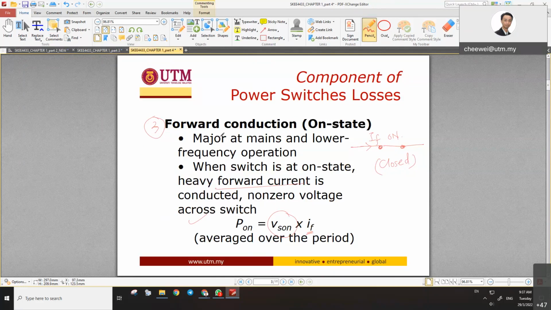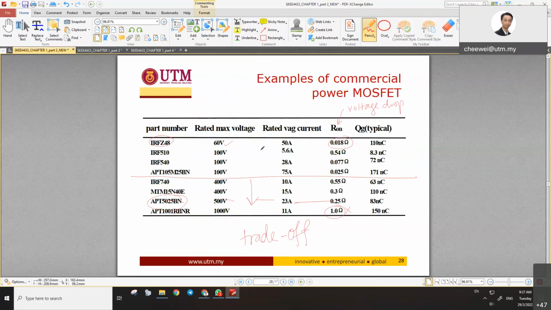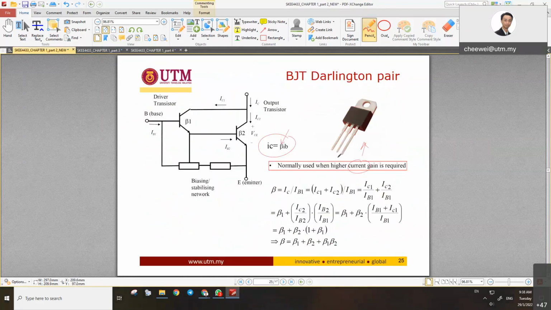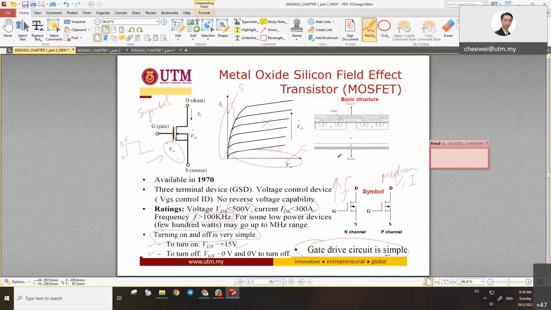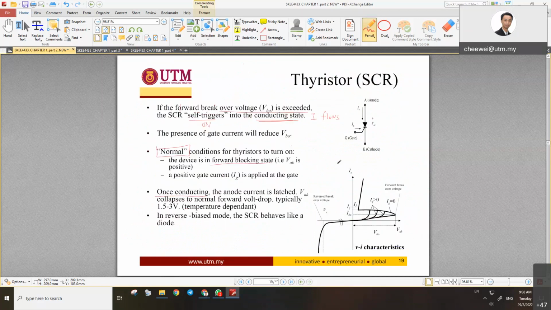That loss is called the forward conduction loss. It only happens when the switch is closed. Then it takes the Vs on, which is the voltage drop of the switch. And any more examples here? This one you have to calculate by using the RDS on. Okay, you will talk about the voltage drop of the diode.